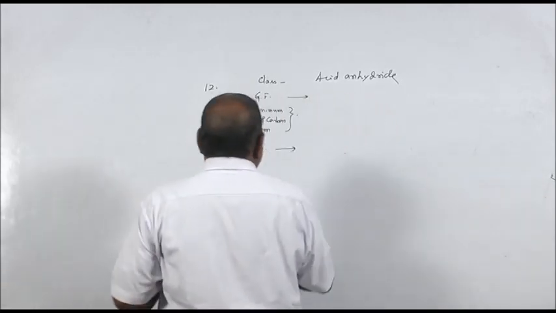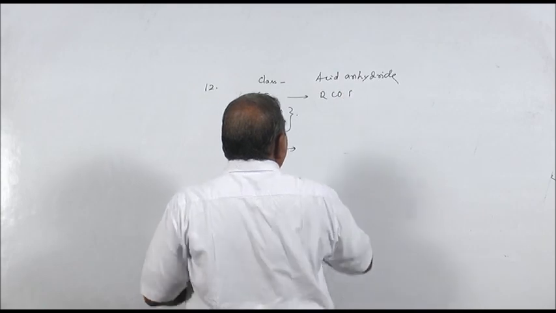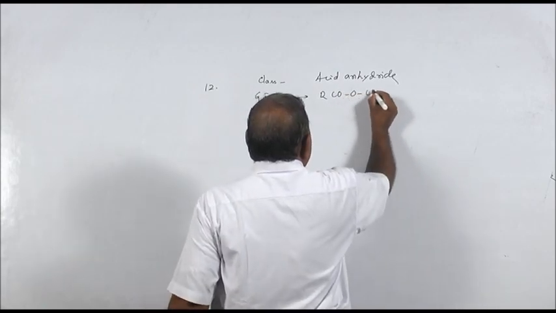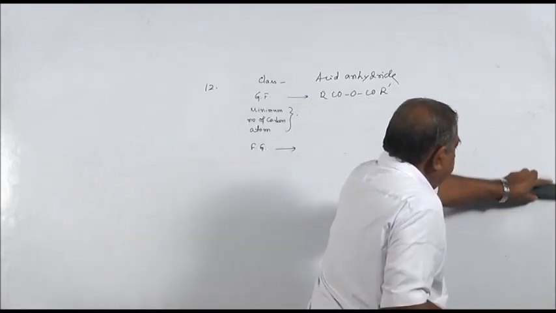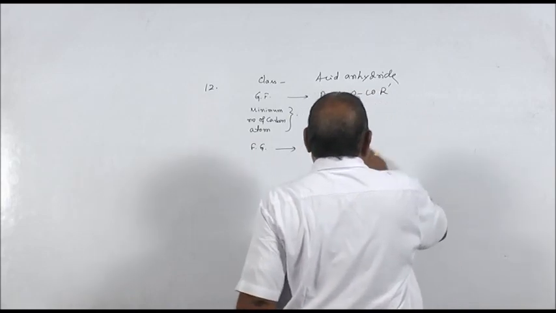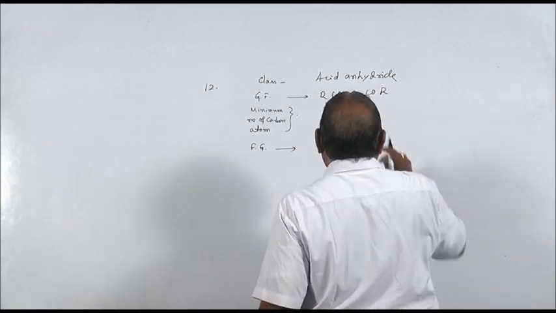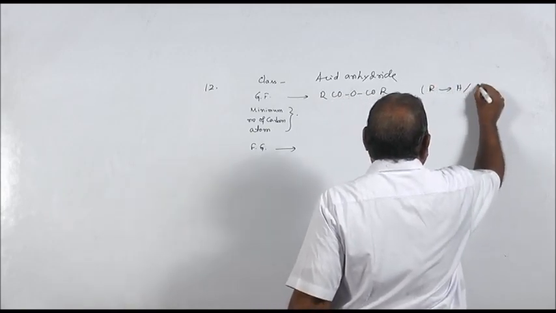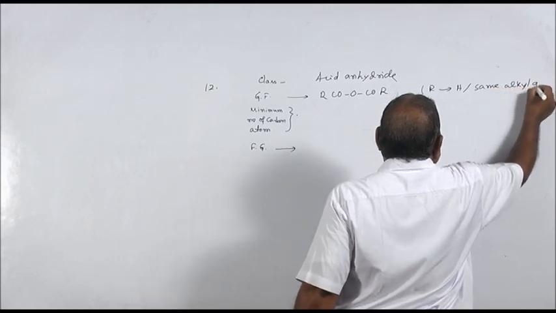One, the general formula is RCOOCOR dash, where, because it is the first category I am discussing, R can be hydrogen or the same alkyl groups.